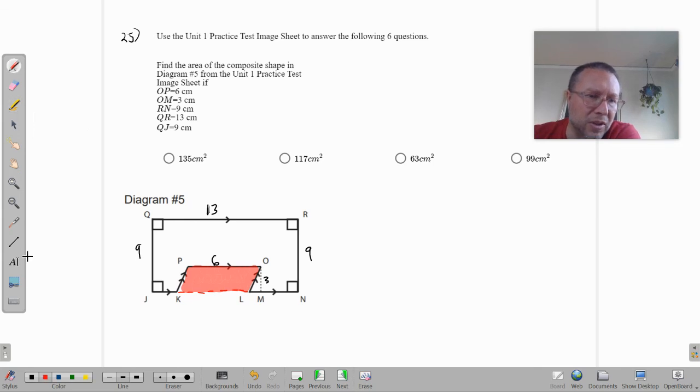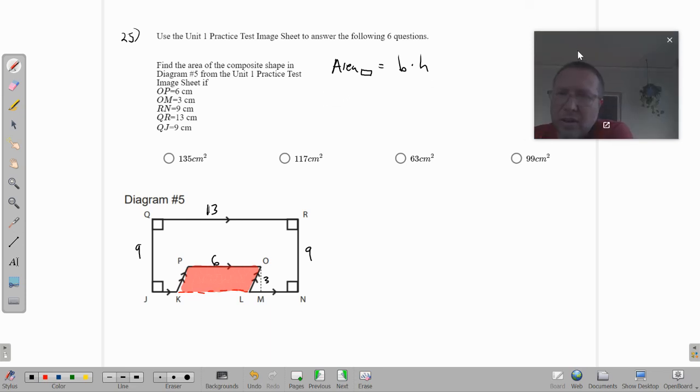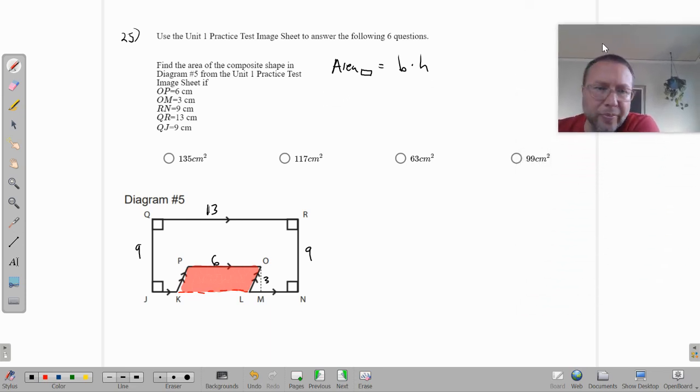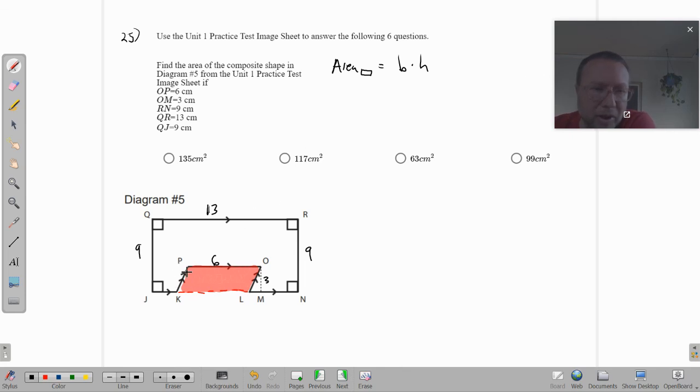So I've really got two things here. I've got the area of a rectangle, which is base times height. And then I think if I just subtract the area of the parallelogram, that would tell me what's left over, right?